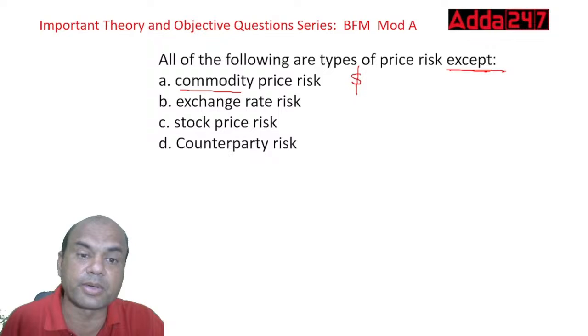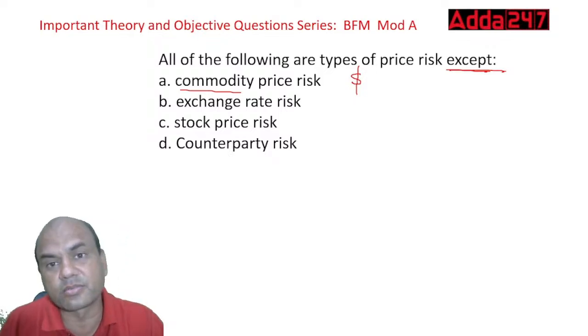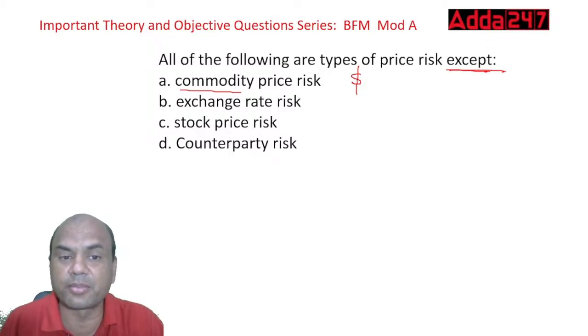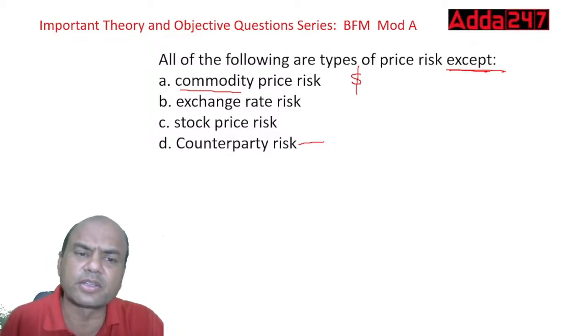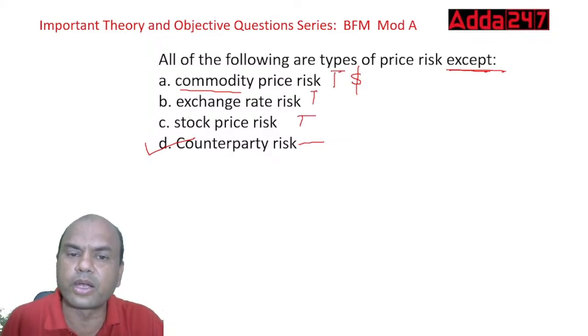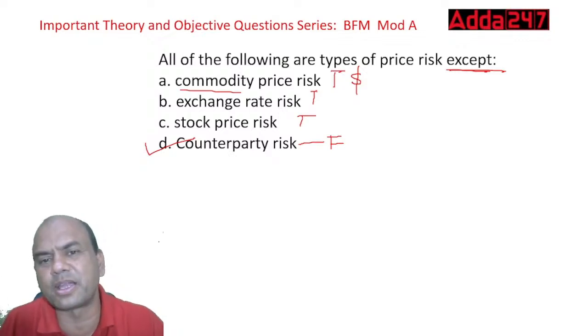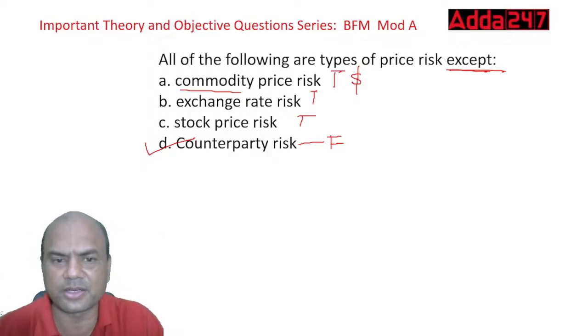Then stock price risk and counterparty risk. Now it's a typical one. Counterparty is what we just saw, credit. So is it a part of price risk? No. So this is the answer. These are all true, and this one is false. And we want the false one, which is not a type of price risk. Stock price risk, obviously, is a part of price risk.